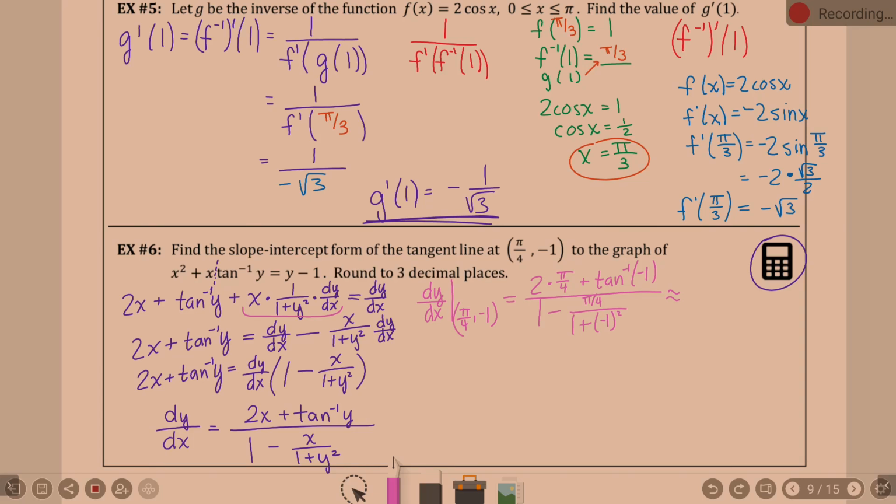I need to give instruction or you guys are figuring it out. Exactly. Tan inverse, you guys know to do second tan, right?